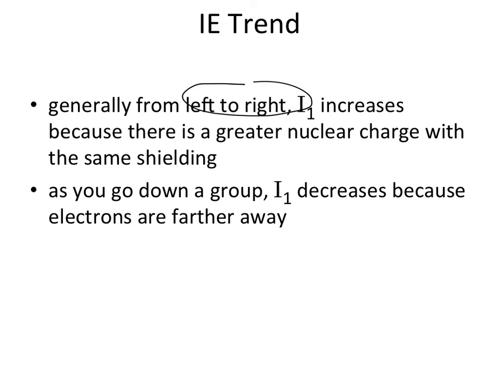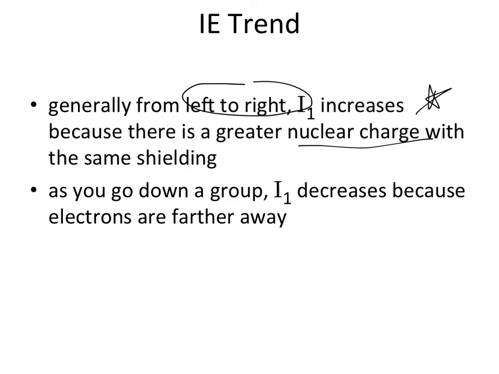So your effective nuclear charge is going to pull on those electrons and hold them more tightly, so it's going to be more difficult to remove that electron. So removing that electron being more difficult means that we have to put more in. So the ionization energy that we have to put in is going to be greater. So your left to right increase is due to that effective nuclear charge.